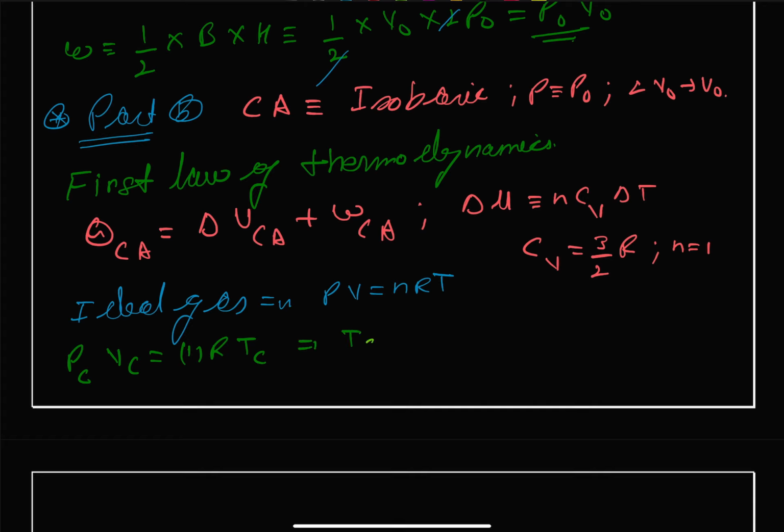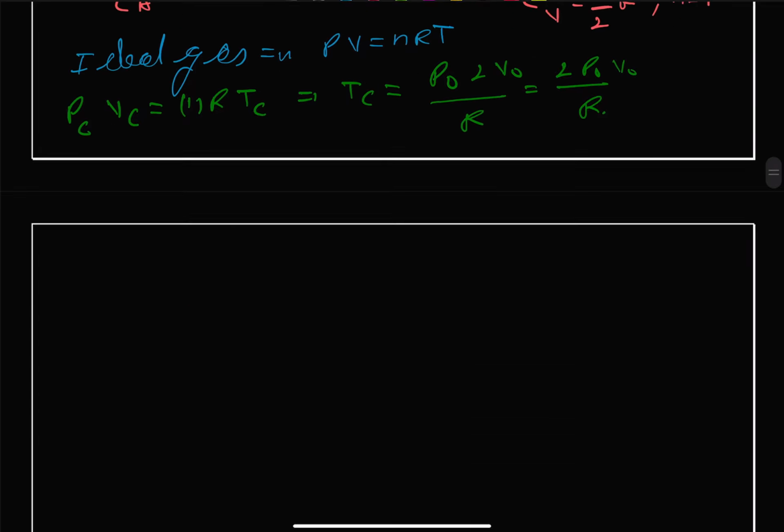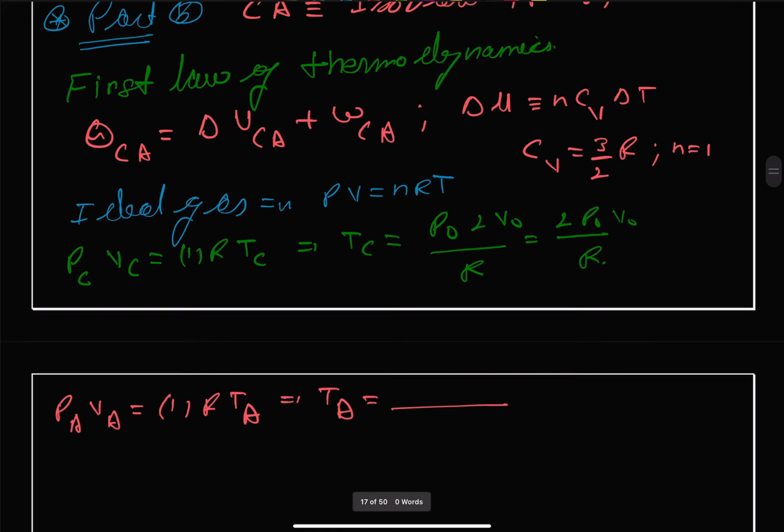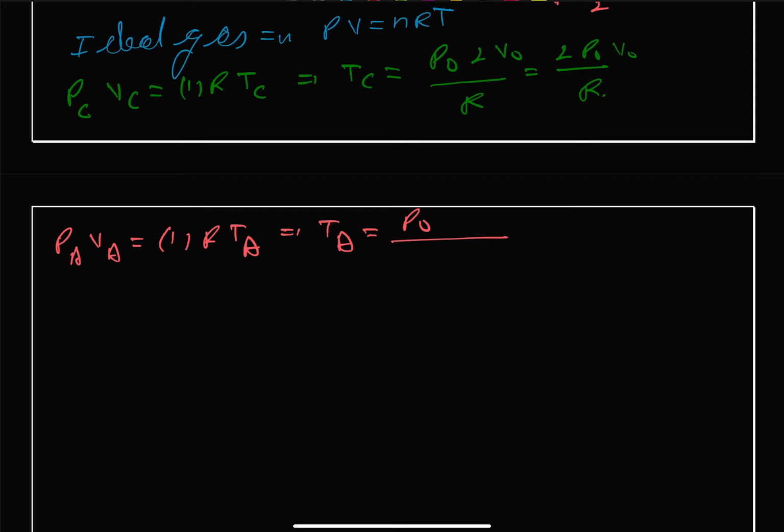Therefore we can say our TC, with PC as P naught and VC as twice V naught, divided by R. So this comes as 2 P naught V naught divided by R. Similarly, we write for our point A. So we can say PA VA is equal to 1 R TA, giving us TA will be equal to PA is P naught, and VA is V naught, divided by R.